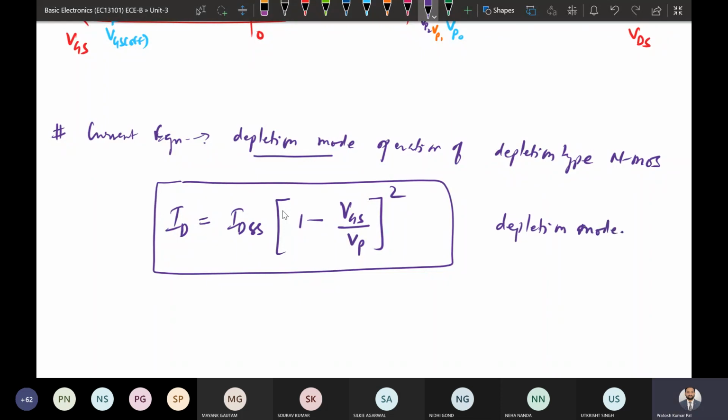And here VGS and VP are of the same sign. That means if VGS is negative, then VP should also be negative in case of the depletion mode of operation.